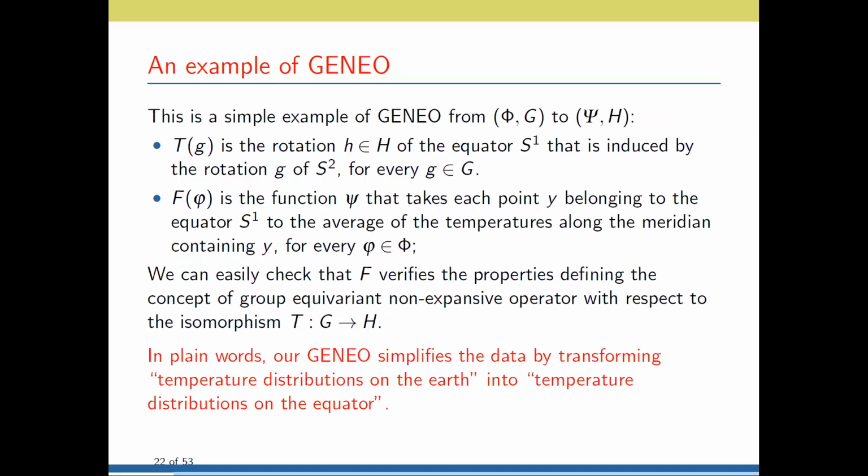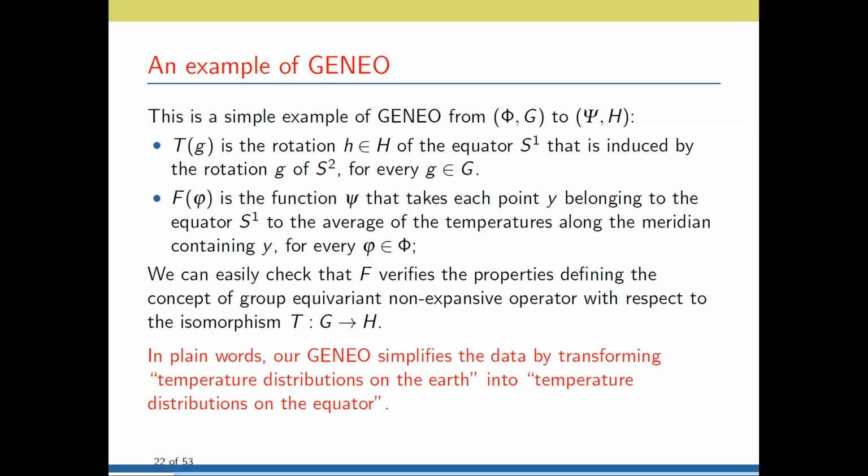Now we can consider a GENEO. The role of the homomorphism T is quite natural in this simple example. We associate each rotation of the Earth of alpha degrees to the rotation of the equator of the same number of degrees. So this homomorphism in this case is indeed an isomorphism.